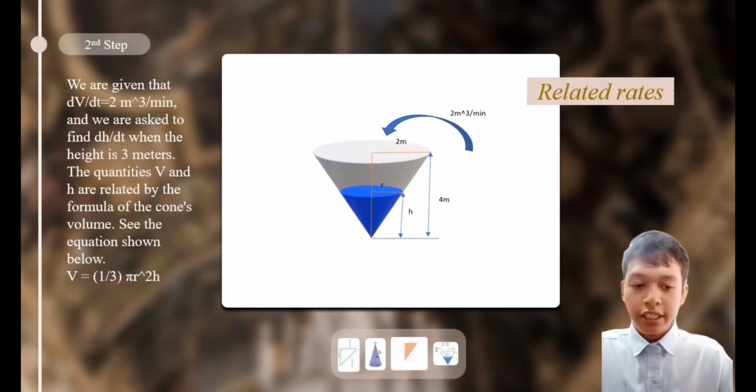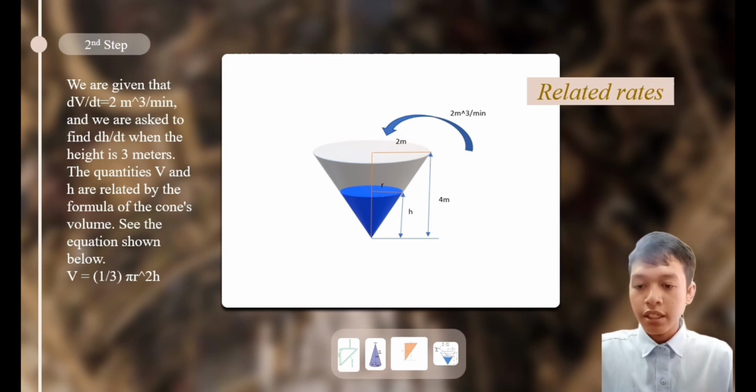For the second step, we are given that dV/dt equals 2 meters cubed per minute, the rate at which the water is moving in. We were asked to find dH/dt when the height of the water reached 3 meters.